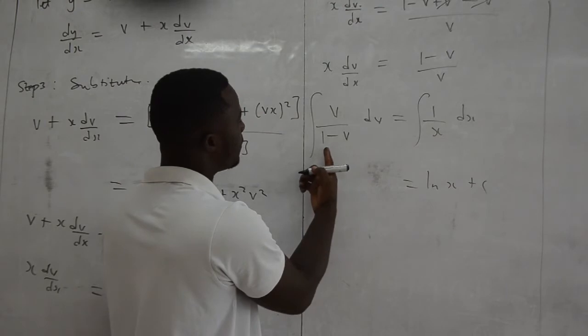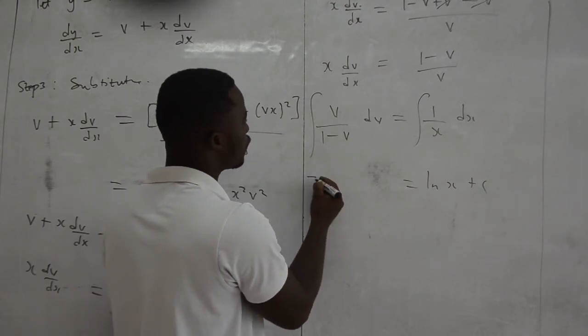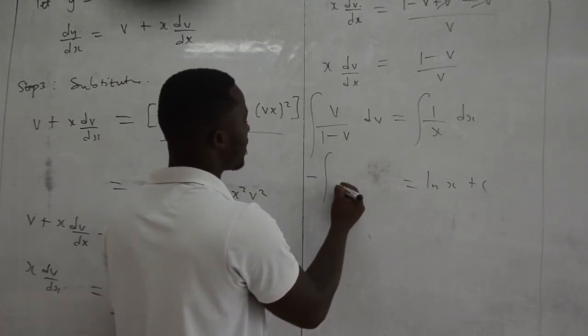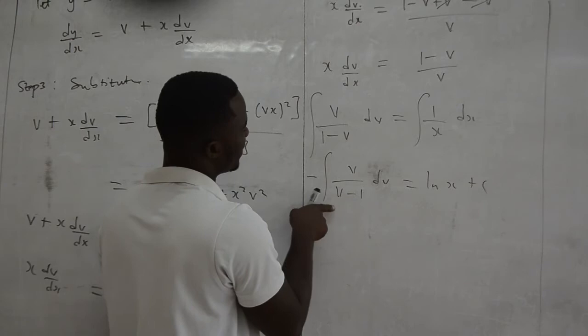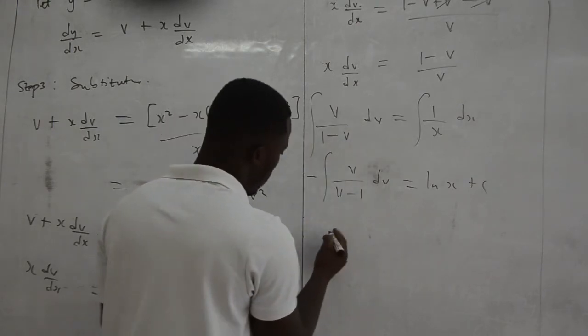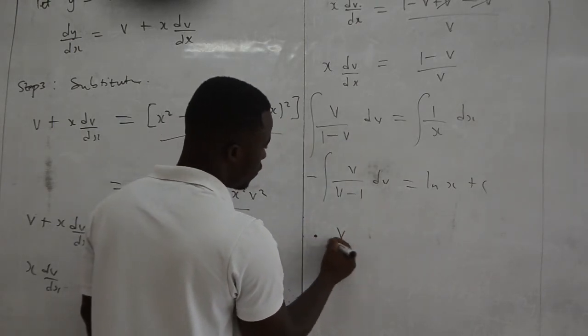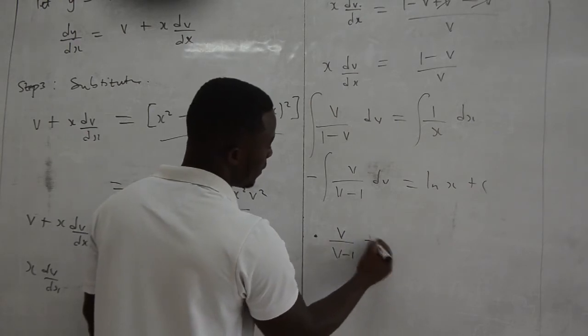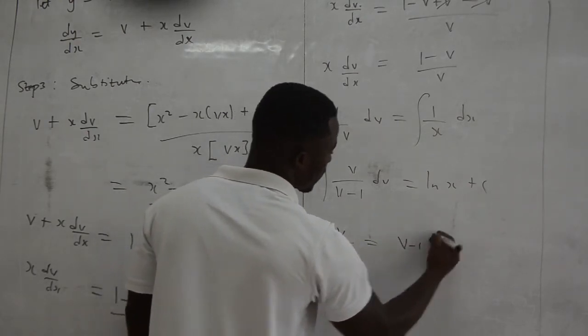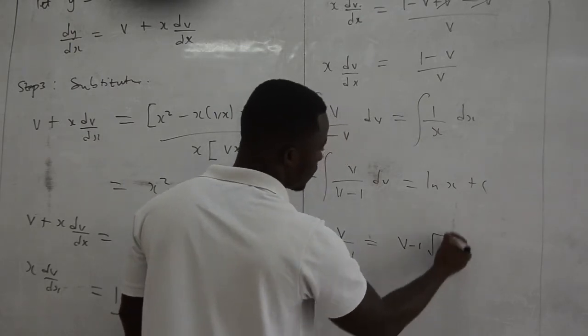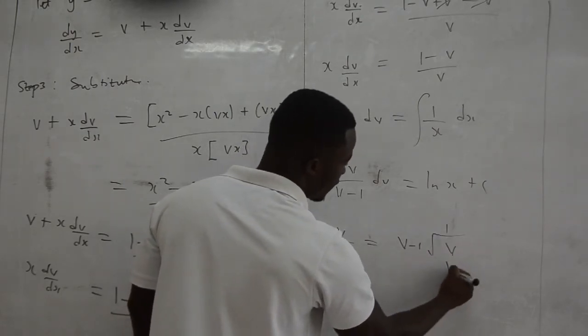The problem is here. So what I will do here is multiply this one through by negative. Then I'll have something like v over v minus 1 dv. So if I multiply the denominator by negative, I'll get the original question back. So I'll take v over v minus 1 and solve with this one. So this one is the same as v minus 1 divided into v. v into v is what? 1. 1 multiplied by this will get v minus 1.